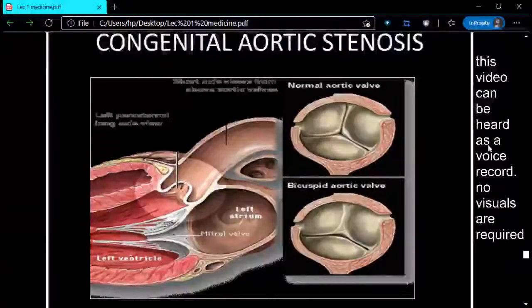I see no difference between the aortic valves, normal and bicuspid, except that the bicuspid one includes a bicuspid line.